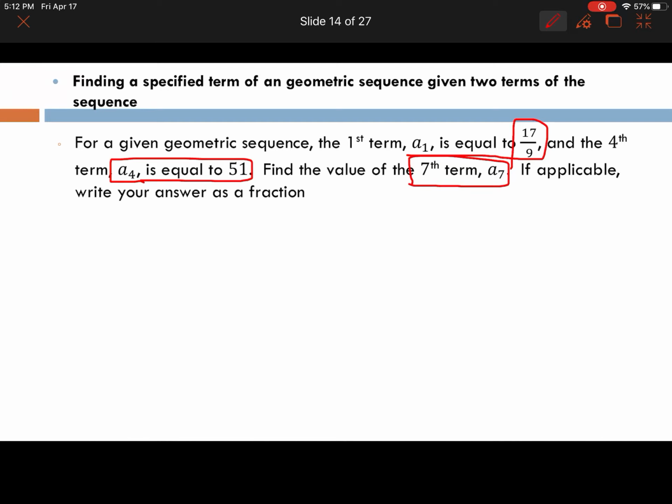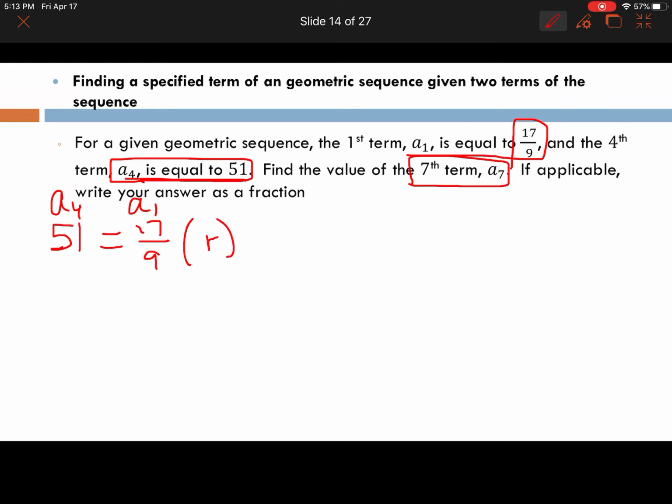So if I just use that, a sub 4 is 51. That should be equal to a sub 1, which is 17/9 times r to the 4 minus 1. So that's going to be to the third power.